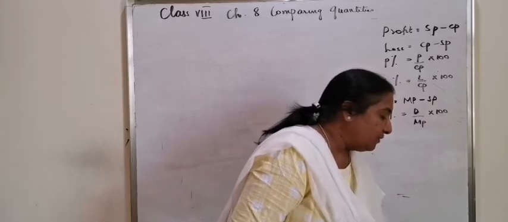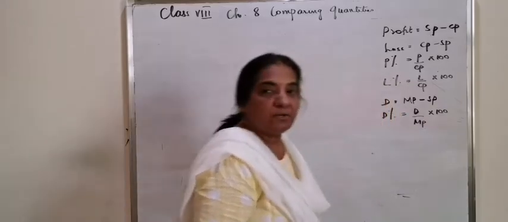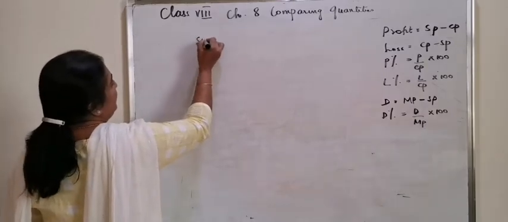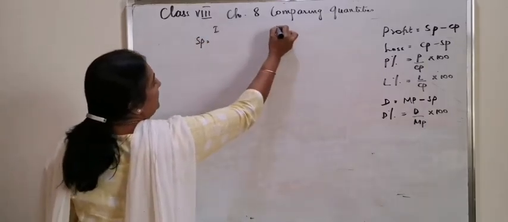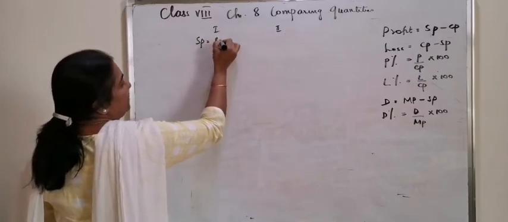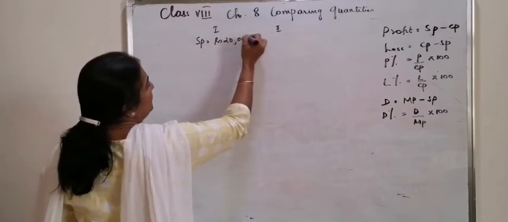He sold 2 buffaloes for rupees 20,000 each. That means the selling price is given. Selling price of the first buffalo is rupees 20,000.